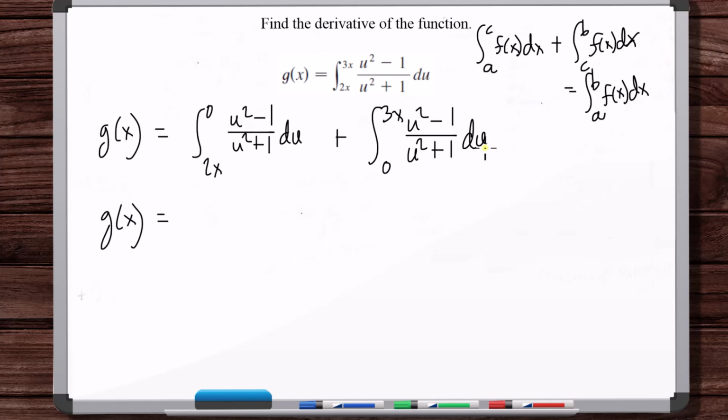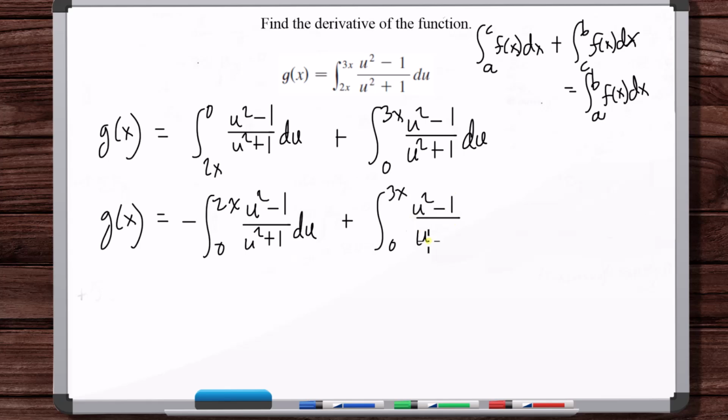So we want it in this form. So we want to flip this, so put a minus sign out front. Okay, now we're getting somewhere.